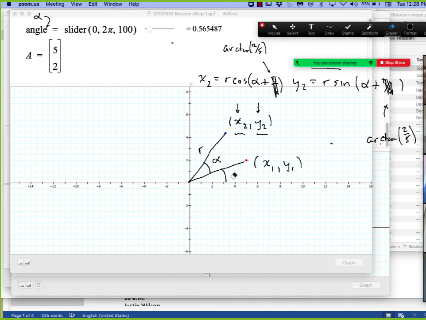No. Actually, we don't even need to say what that angle is based on the point. We could say arctan of y1 over x1.